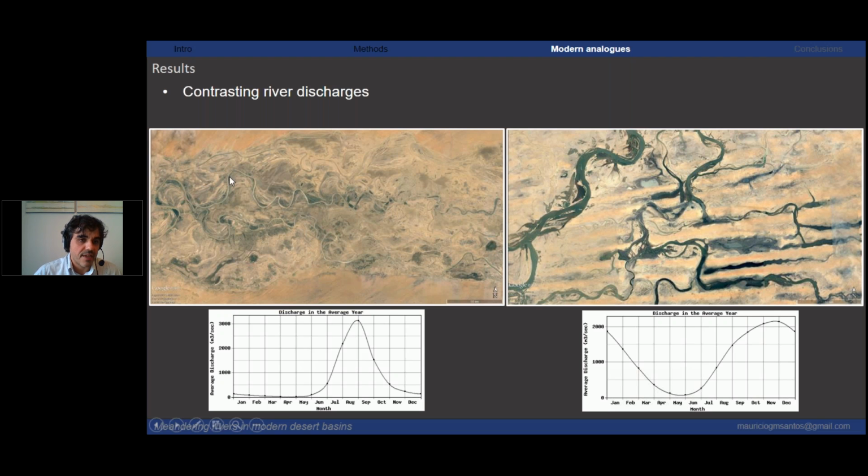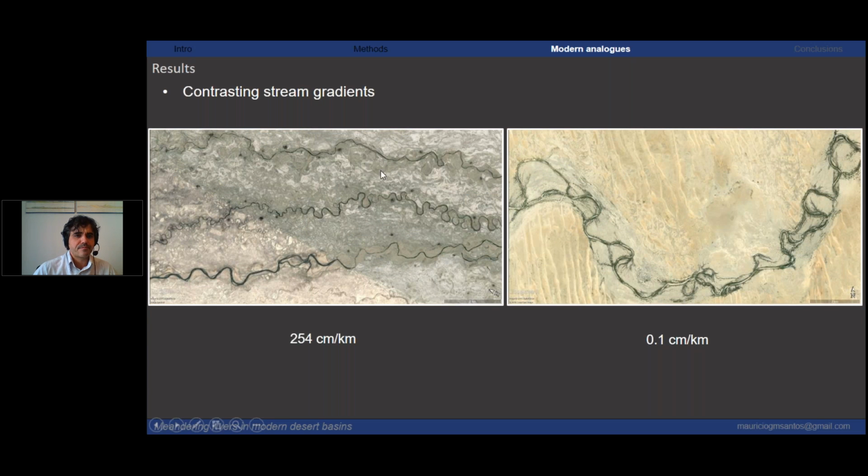And here in the Senegal, we can see that vegetation is following the appropriate environment. It's not inducing the environment to do so. We can see that by this lateral erosion of non-vegetated aeolian dunes. We also have contrasting stream gradients, from more than 200 centimeters per kilometer to less than 1 centimeter per kilometer.